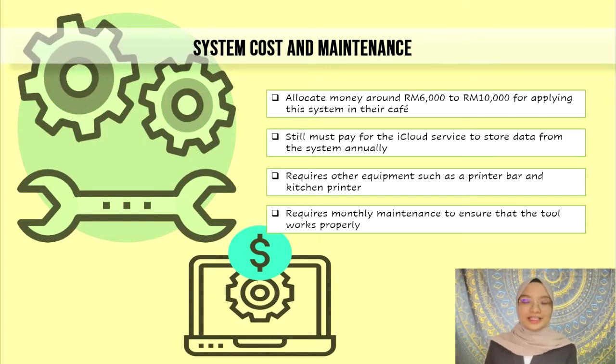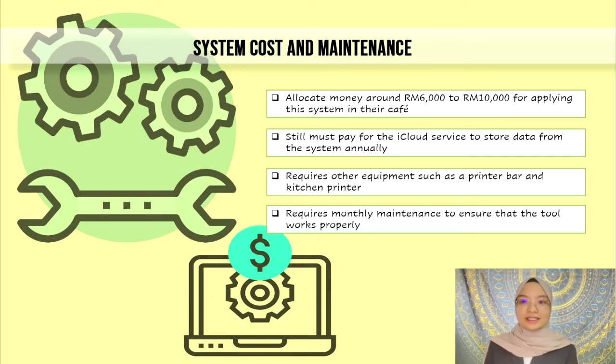So we know that this POS system is high cost, and due to the high demand for the business, they need large storage to store all the information from the system. So they have to pay more, and then they need an iCloud service, and they pay annually to store the data.